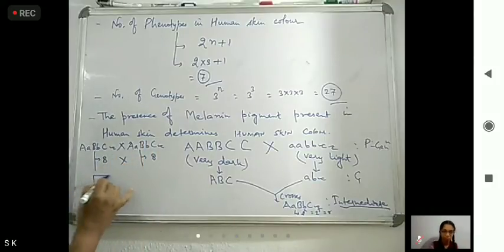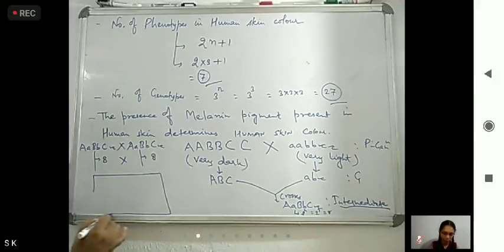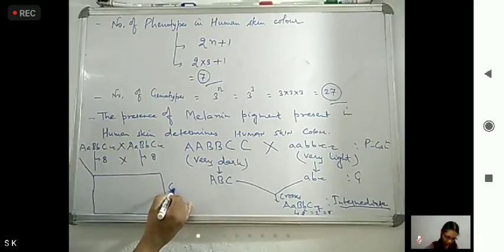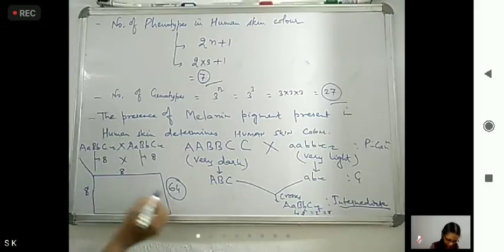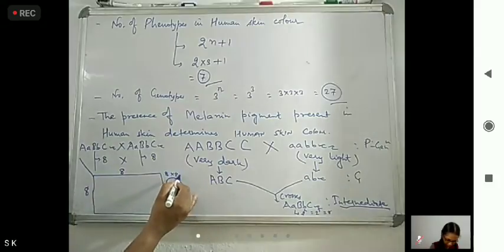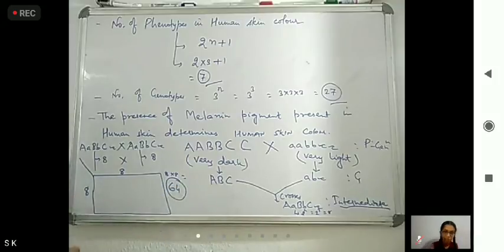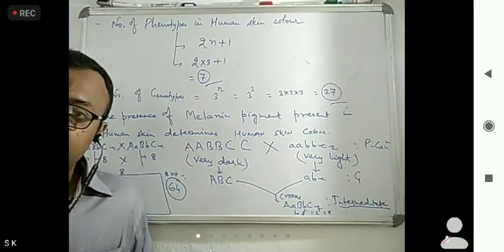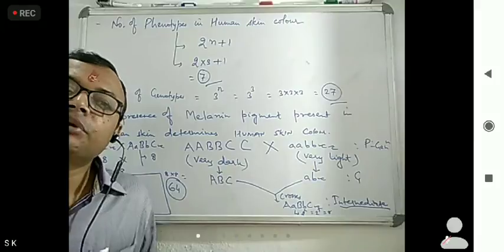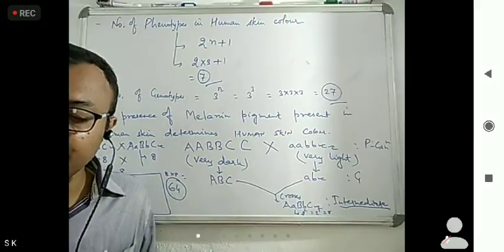If we look at the Punnett square, how many boxes will come? 64 boxes: 8 from this side and 8 from this side. 8 into 8 is equal to 64. So 64 boxes will come, which means 64 offspring types will come that belong to human skin color.